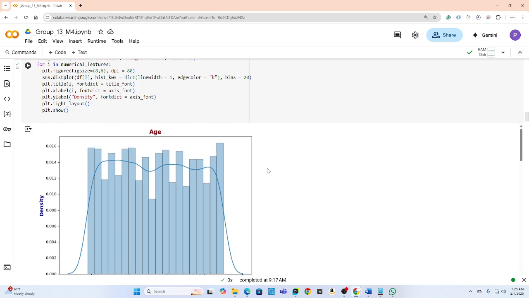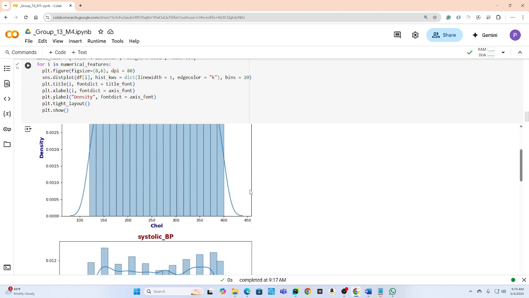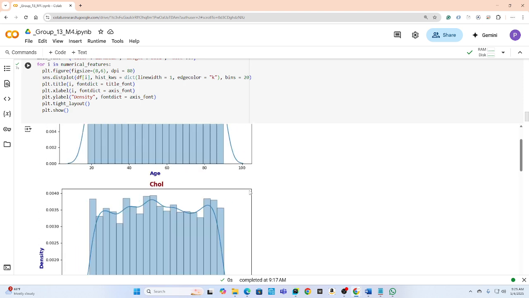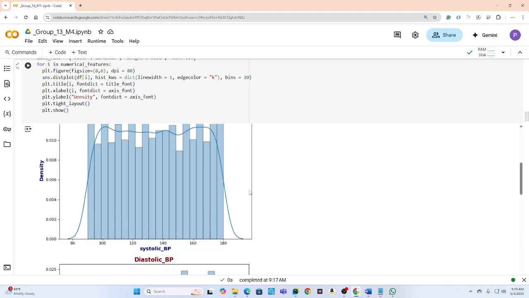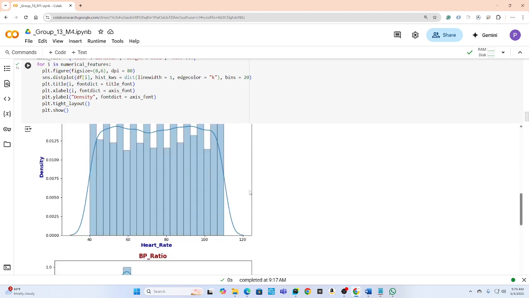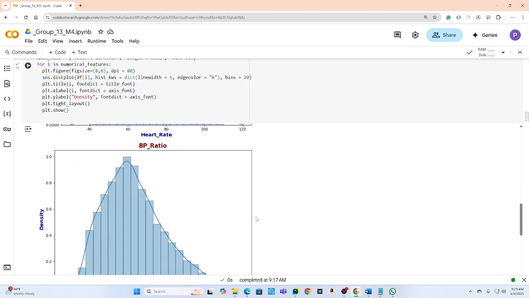So here we have features that are normally distributed, which are not influenced by model choice. Now we look at the distribution of each of the features, whether it is age, cholesterol, systolic, or heart rate. They all follow the same pattern. We see here a normal distribution.